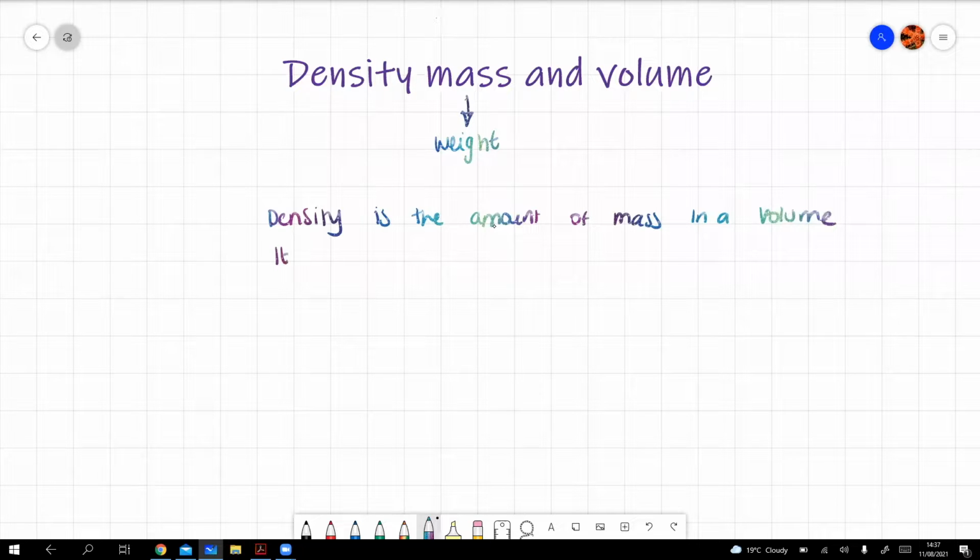Okay, it tells us how tightly matter is packed together.